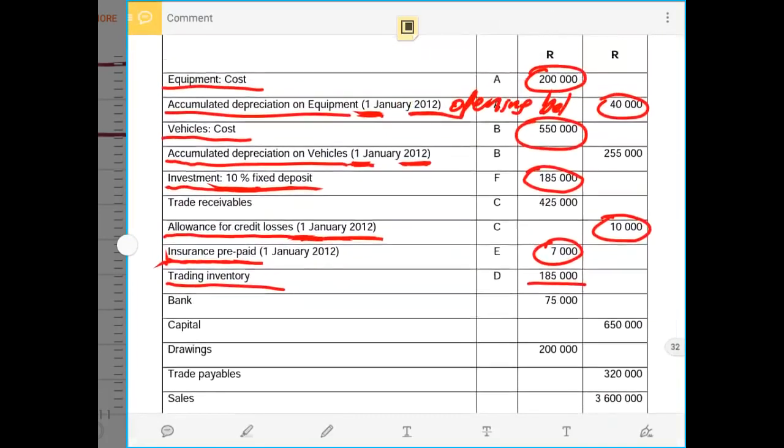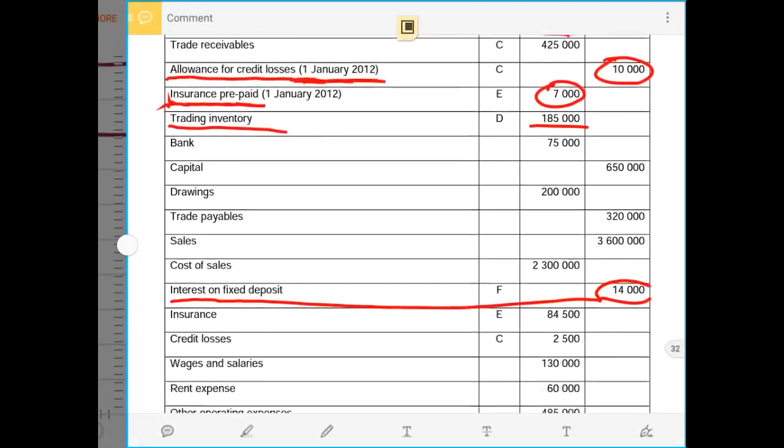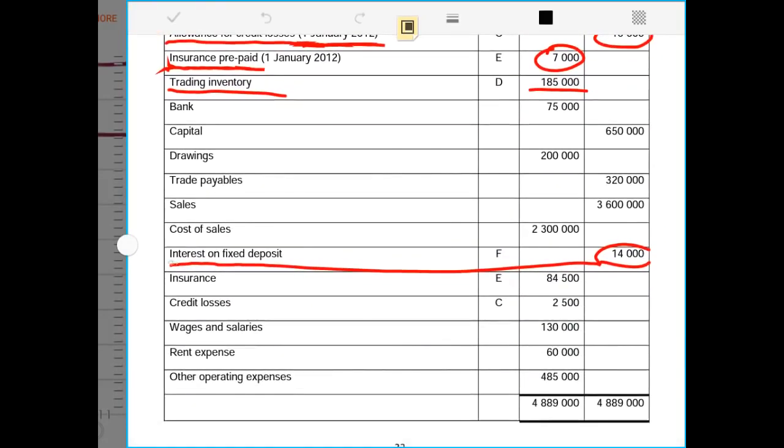Remember, there was a fixed deposit that amounted to 185,000 rands, and it is 10% interest. That means the company will receive 10% out of the 185,000 rands that they have invested. But we see in the trial balance that there was interest already received. Here is 14,000 rands that was already received.